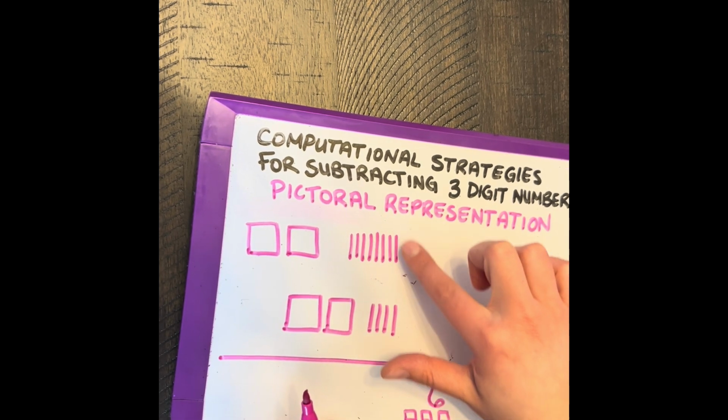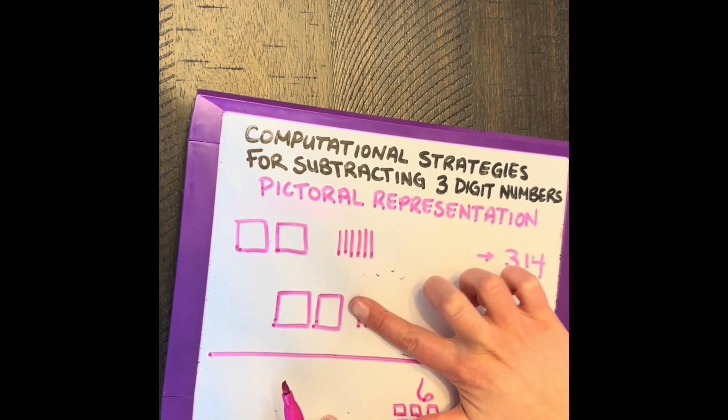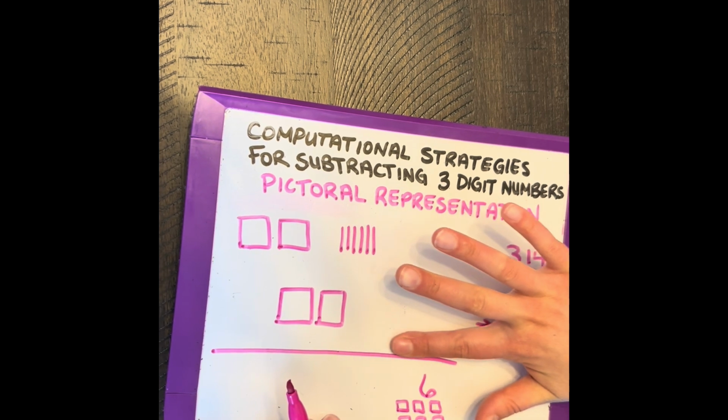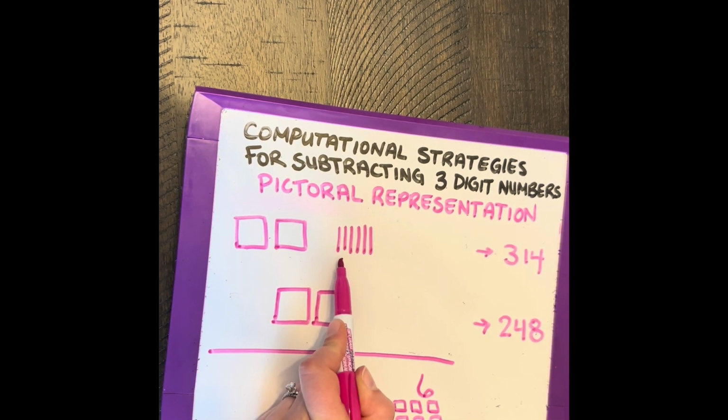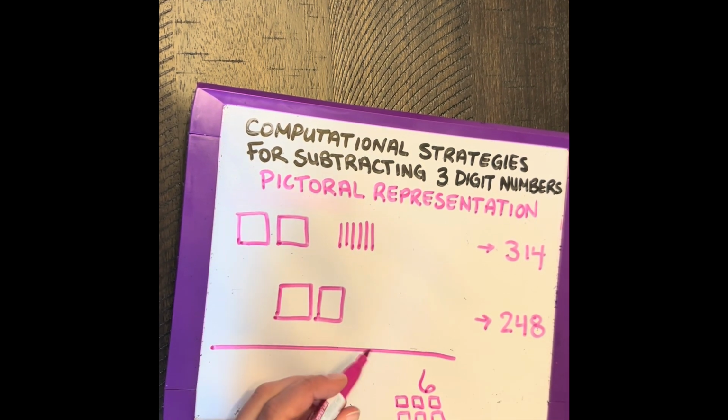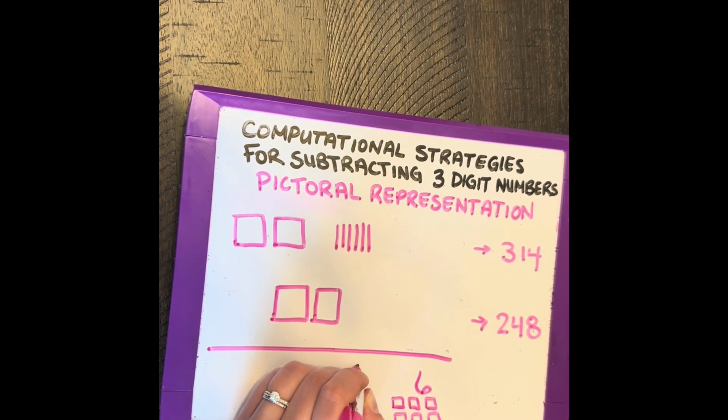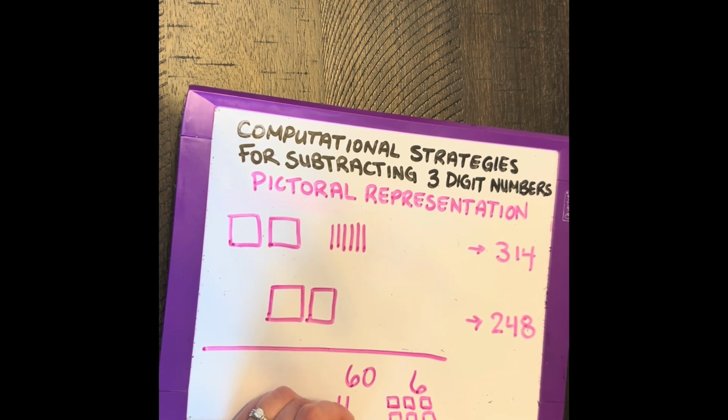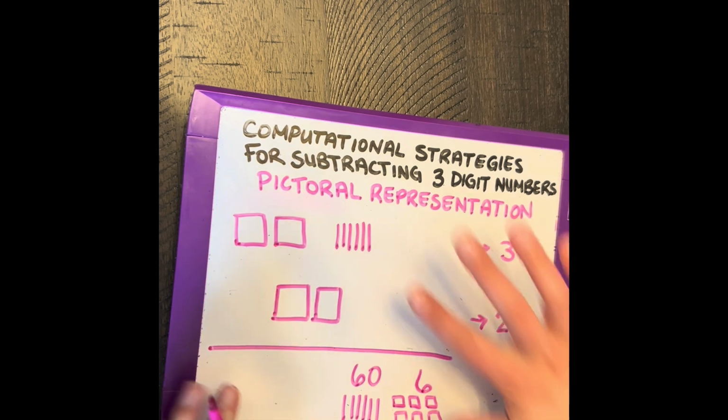1, 2, 3, 4, also eliminating these 4 that we don't need, which leaves us with 6 rods there, and that represents 60, so we'll go ahead and move those down to the bottom as well.